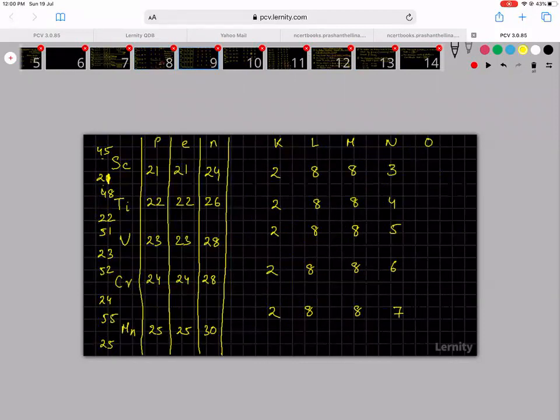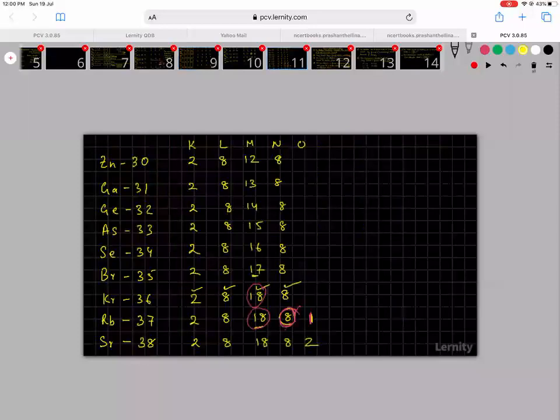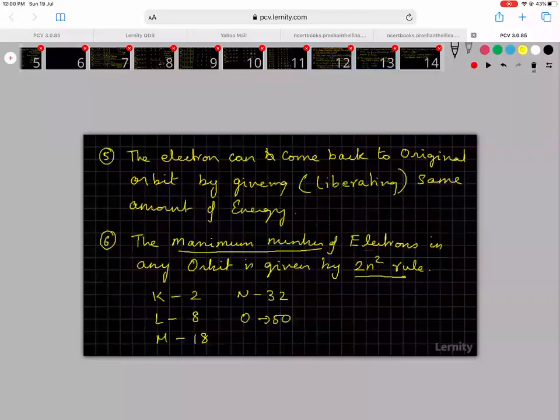Up to element 40, all of you should remember. 11, 12, 13, 14.